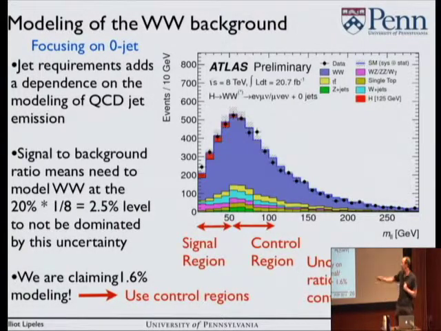I'm going to calculate the ratio of this area to this area. And when I do that, I expect there to be much less uncertainty, because now the jet uncertainties that came in when I made this jet requirement aren't very different between here and here, and so they cancel to first order. And so we use a Monte Carlo, MCFM in particular, to calculate the effect of this veto and how well we know that.